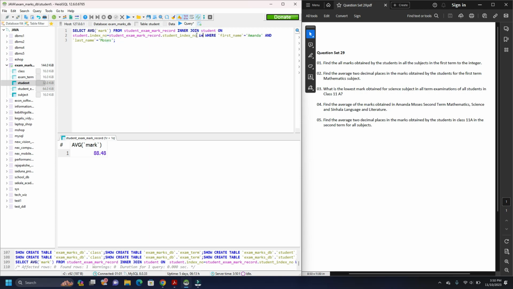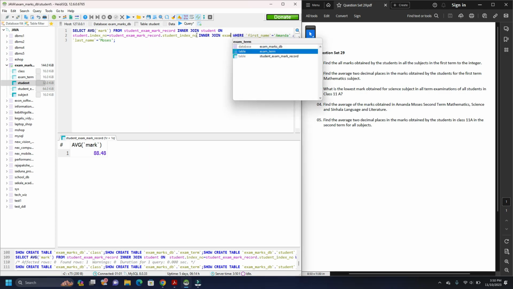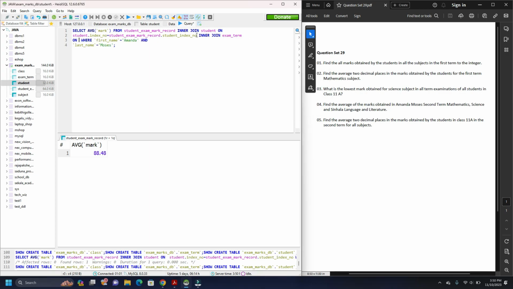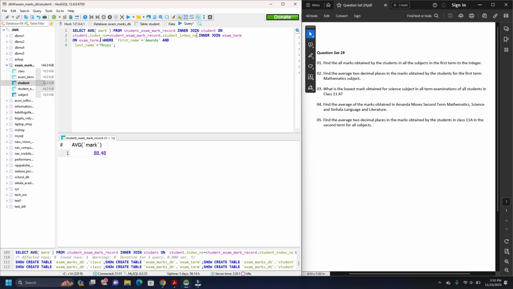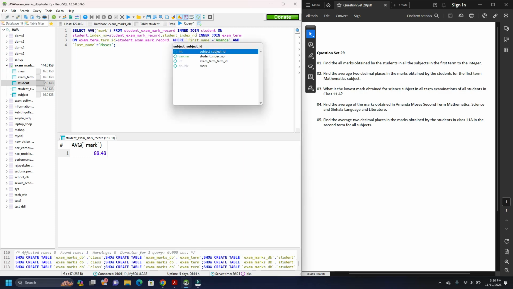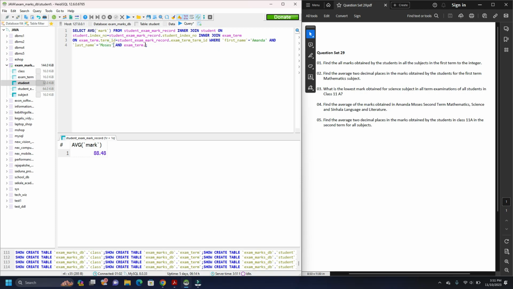We have to join the exam term table as well on exam term id equals student exam mark record dot exam term id, where first name is Amanda, last name is Moses, and exam term name equals second term.